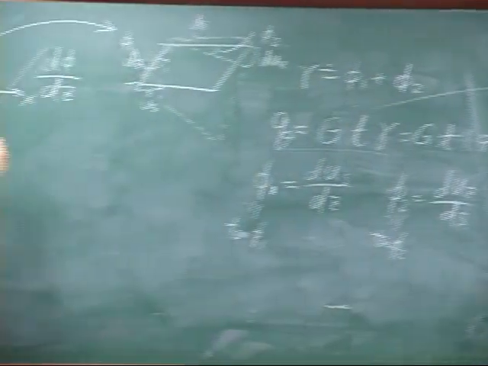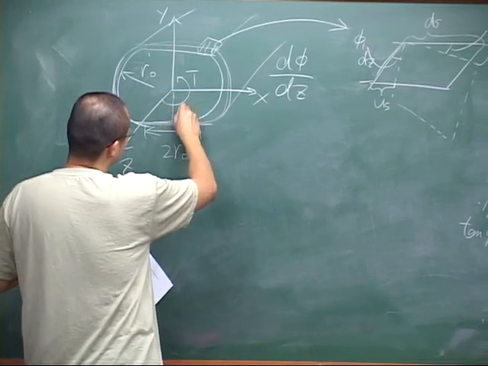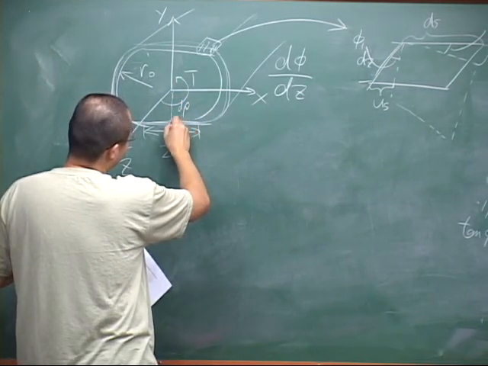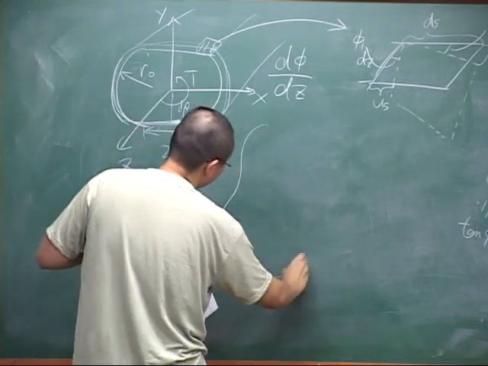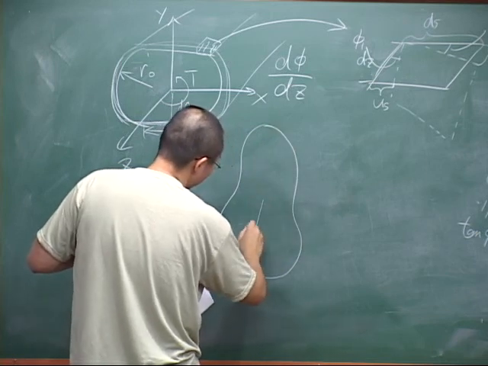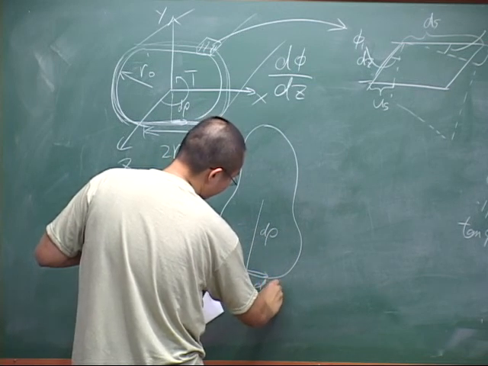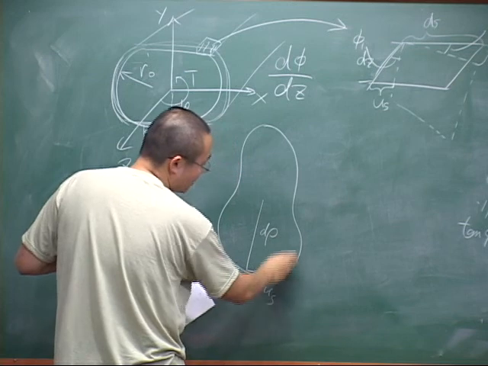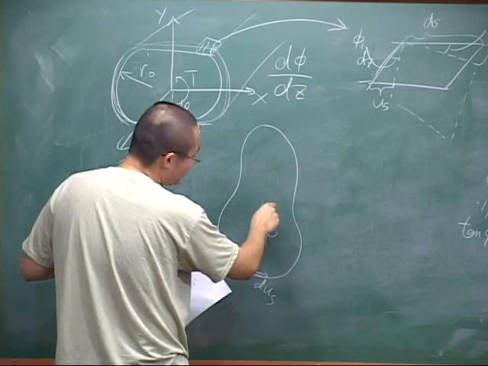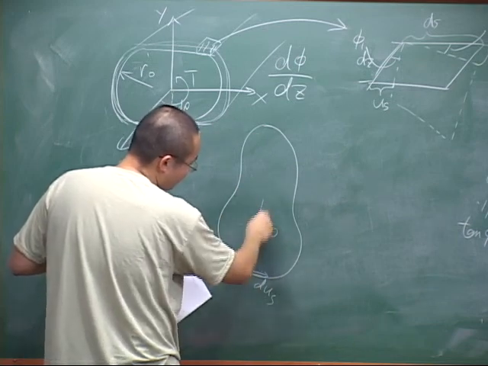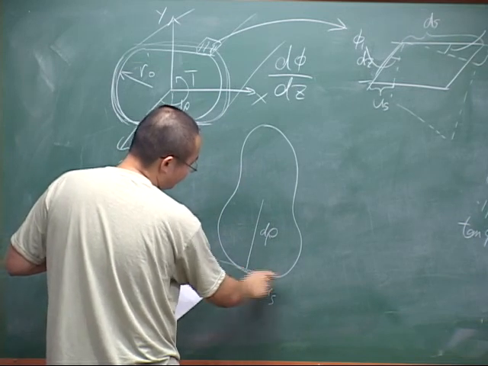Assuming this is a distance d rho, and I want to use another section. This is d rho, and this is du_s. It's the displacement along this perimeter, and this is the distance from the centroid of this cross section to the action line of this displacement.